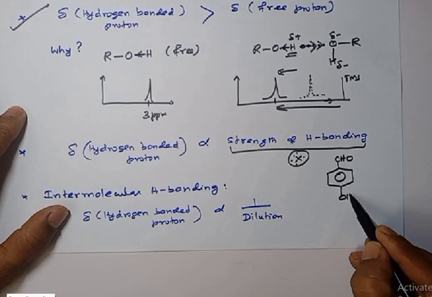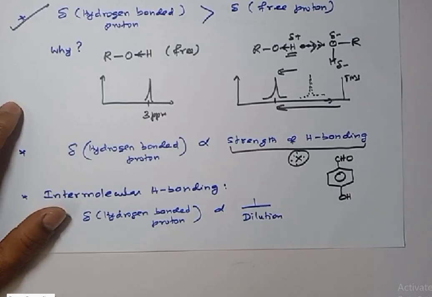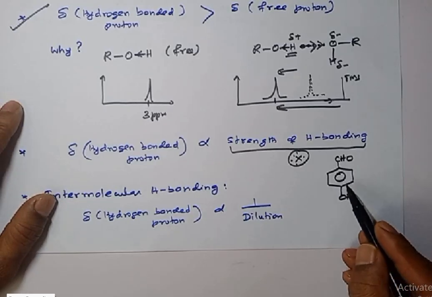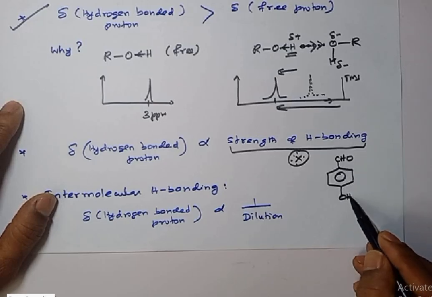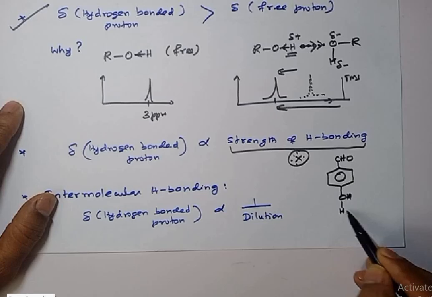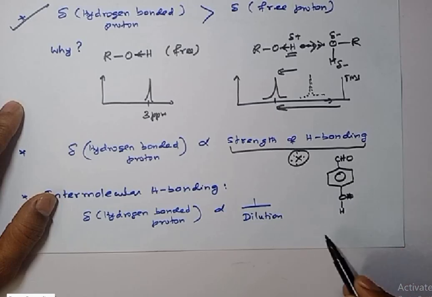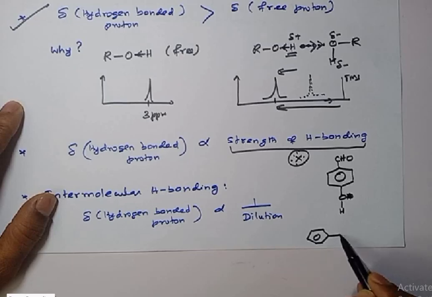This is benzaldehyde, right? And in the para portion we have hydroxy group. This is para-hydroxy benzaldehyde. In para-hydroxy benzaldehyde, see, between one molecule and another molecule, let me show this hydrogen like this. This is one molecule, and another molecule, let me draw like here. CHO, OH.